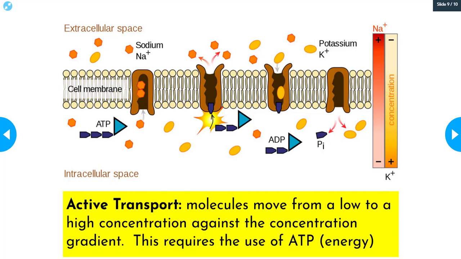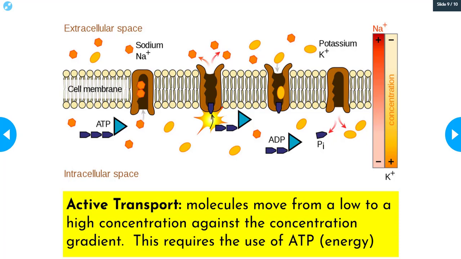So it pumps sodium and potassium in opposite directions across the membrane against the concentration gradient so that there's more sodium outside the cell and more potassium inside the cell.